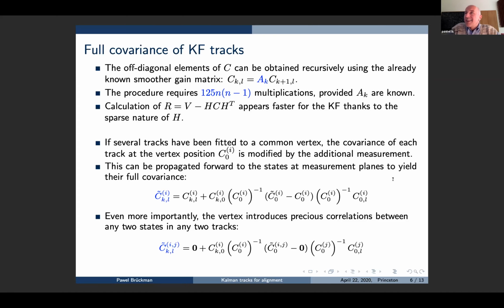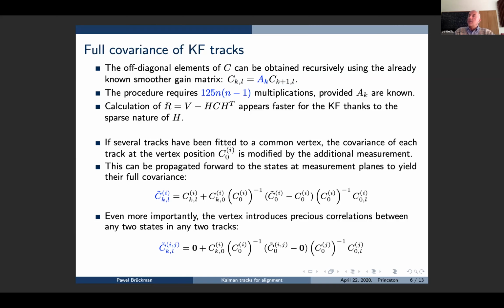The off-diagonal elements of C can be obtained recursively, again, using the already known calculated smoother gain matrix by a very simple recursive expression. The procedure requires actually 125 n times (n minus 1) multiplications, provided the smoother gain matrix is already known or conserved somewhere after fitting.